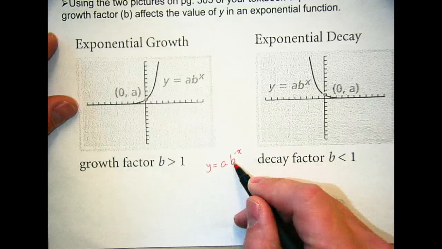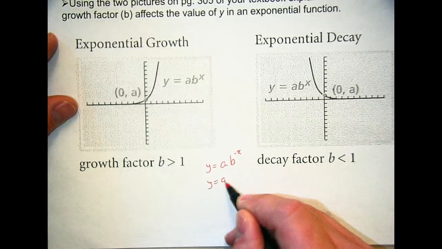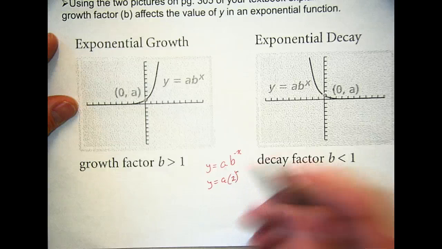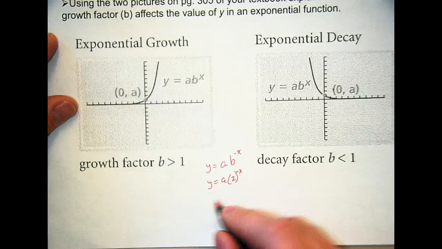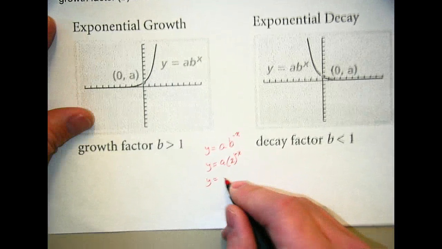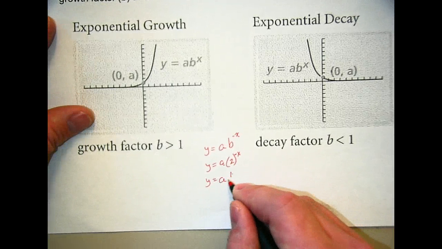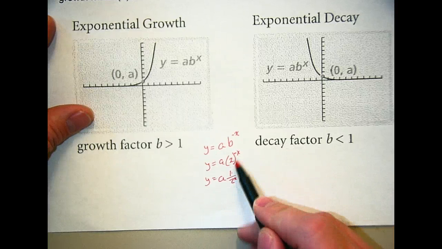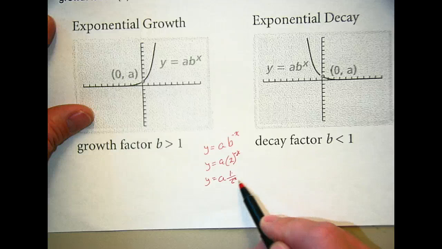So if I had, say, 2 there, that would be y equals a times 2 to the negative x, which ends up becoming a times 1 over 2 to the x. So it becomes a fraction. What was growth, when you make that x term negative, becomes decay. So it becomes a reflection.